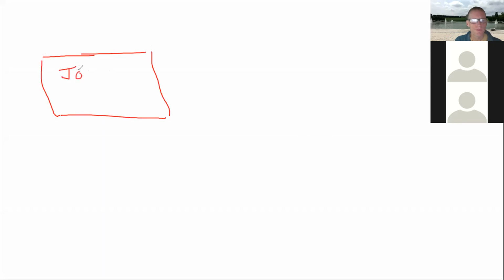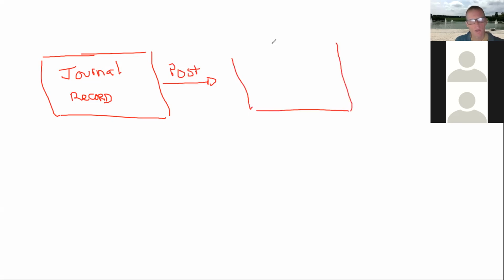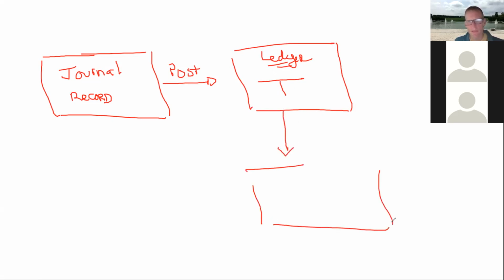So just remember that when we introduce the concept of a journal in chapter 4, remember the journal is where we record all of our transactions. And then from the journal, we post to our ledger. And again, remember your ledger is your T account idea. It's summarizing all your journal transactions into each account. And then of course, from your ledger, we then can prepare our financial statements.